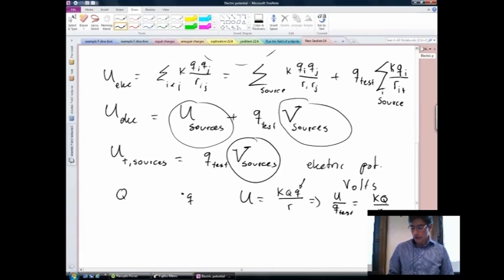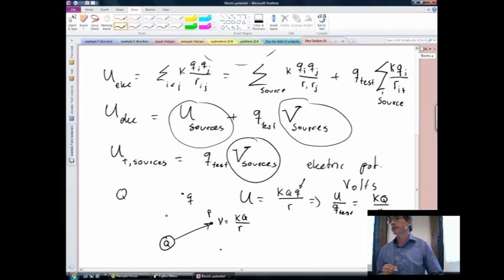So now, to the space surrounding a charged particle Q, you assign different values. And those values are called the electric potential at that location. And they're simply kQ divided by whatever distance you have between point P and the location of the charge Q that you have.